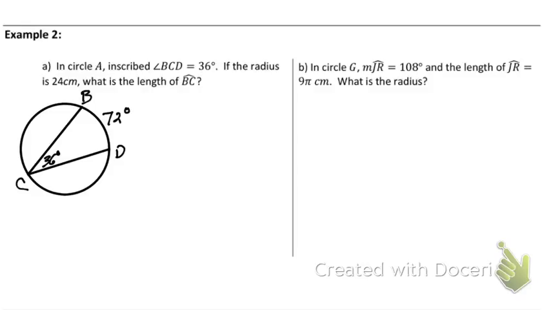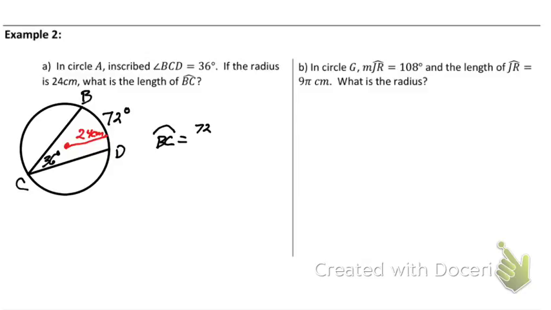Then it says if the radius is 24 centimeters. So that means if I would draw a center to here, we'd have 24 centimeters. Doesn't matter where we put it because we're going to use that equation. It asks, what is the arc length of BC? Well, the arc length is going to equal what percent of this circle is taken up by these 72 degrees?